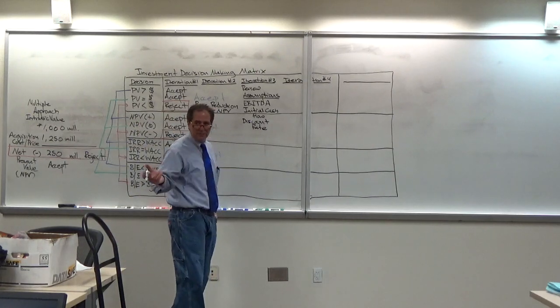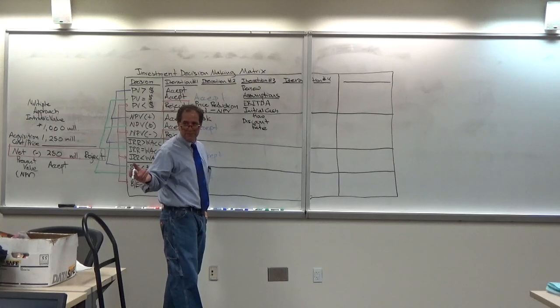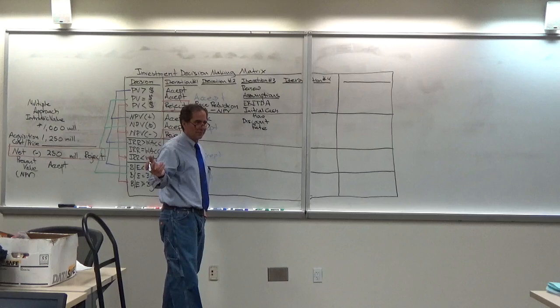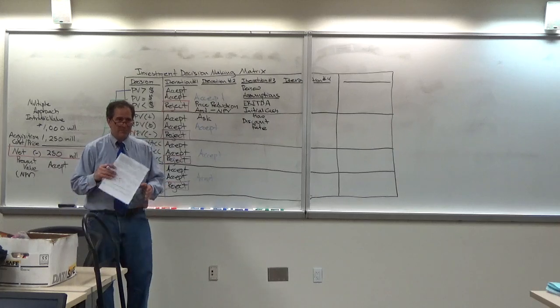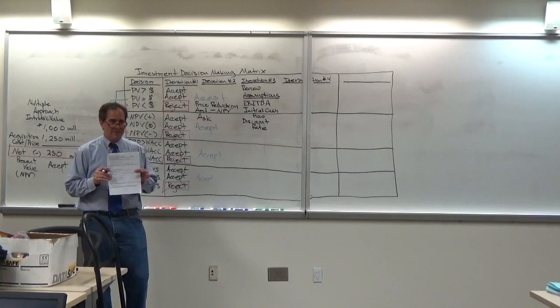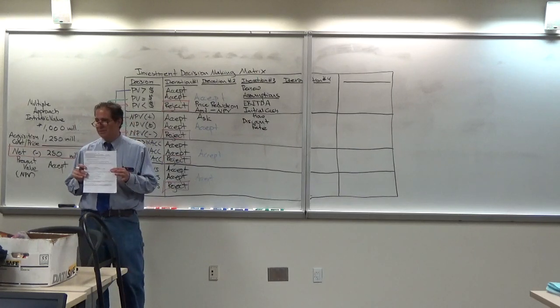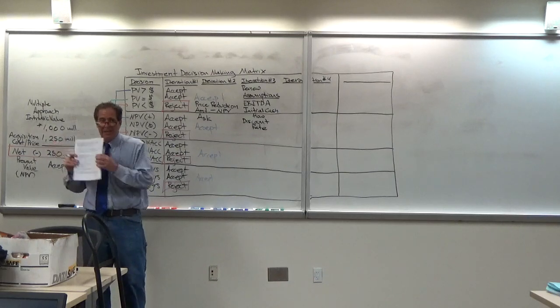How many discount rates do we have? No? Now we count discount rates. What are we using for the discount rate in this example? 30%. Yeah, well, what are we using? What's it called? Expected rate of return, that's correct.